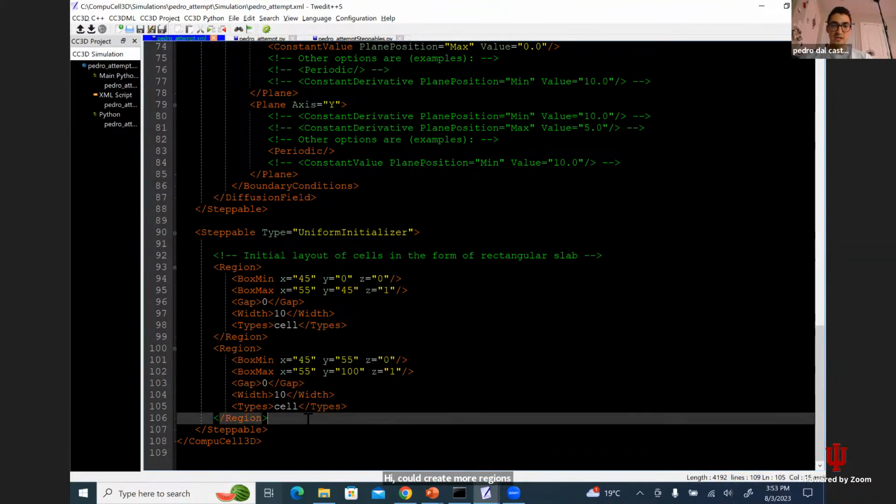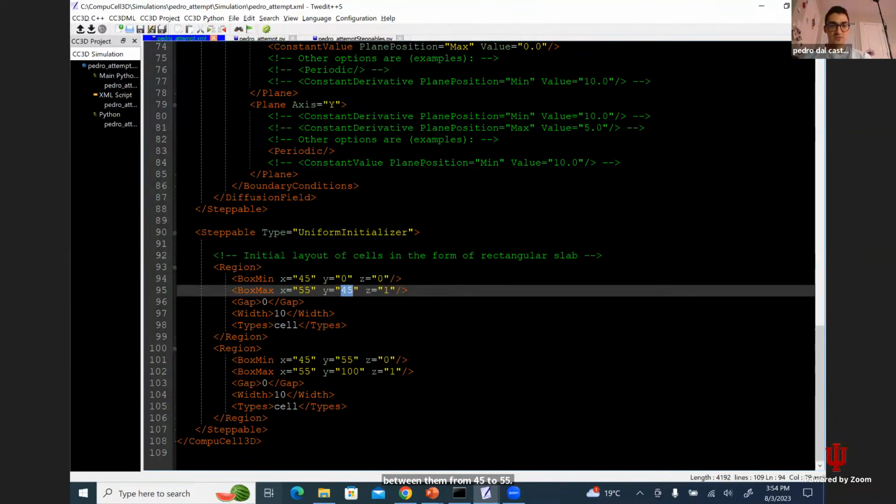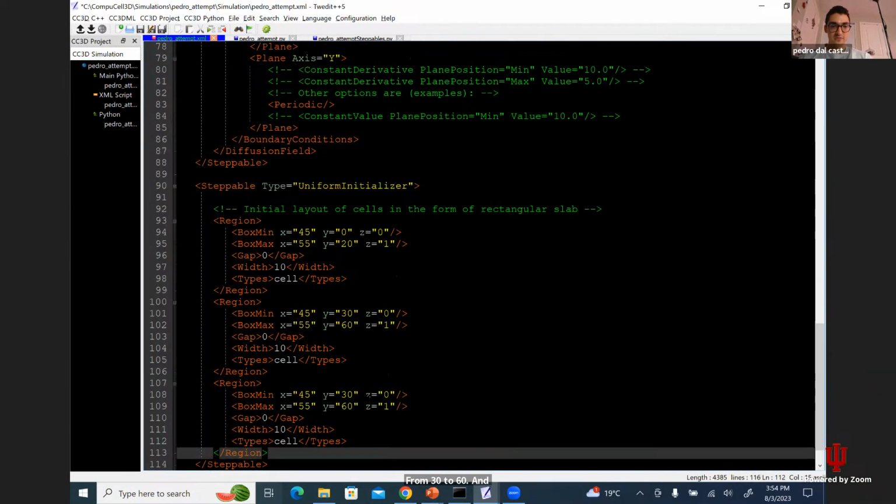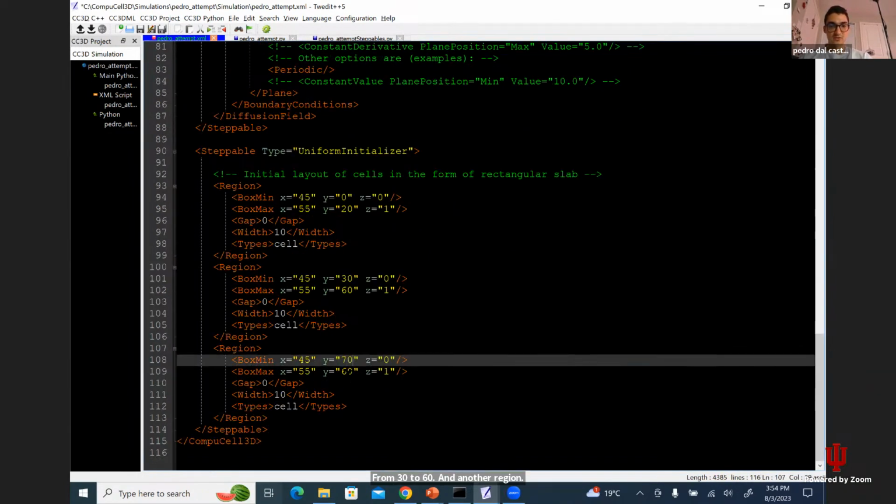So just for the sake of the example, as Tamayo is requesting. So basically what I did is I created one region from 0 to 45 and another region from 55 to 100. So there's an opening between them. From 45 to 55, there's an opening, right? So let's do, for example, from 0 to 20, from 30 to 60, and another region from 70 to 100.